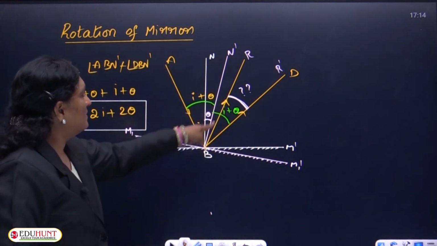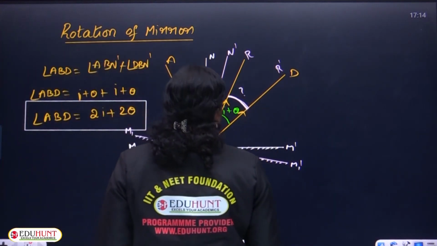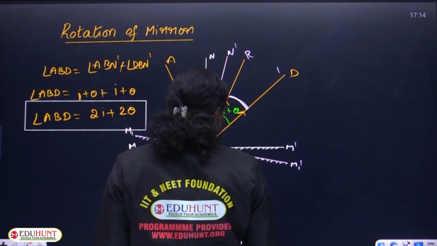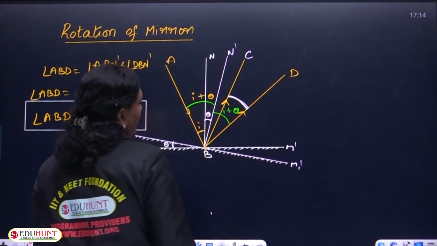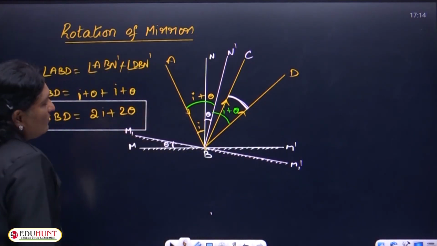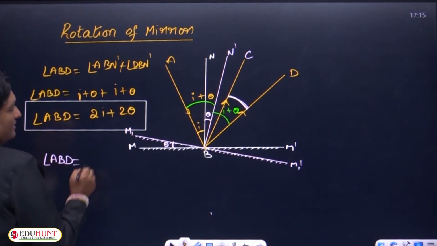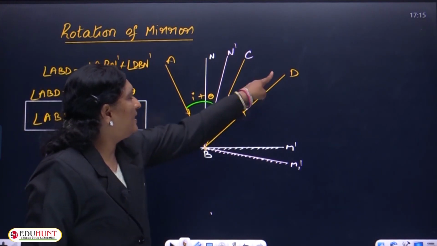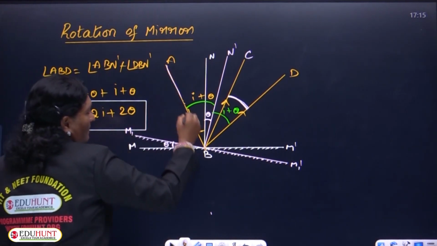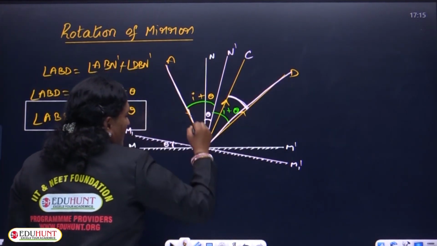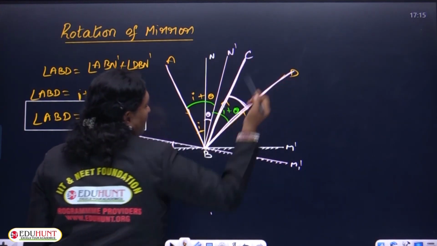First of all, observe this initial value. Instead of writing it as R or R', let this be ABC and this be ABD. So, children, we can write the value of angle ABD. Angle ABD can be written as angle ABC, this part, plus this part, that is DBC or CBD.